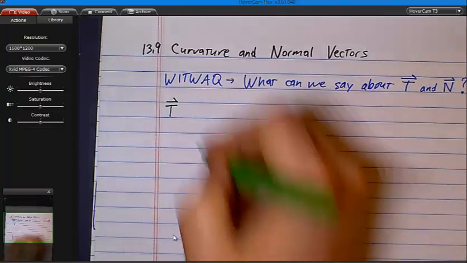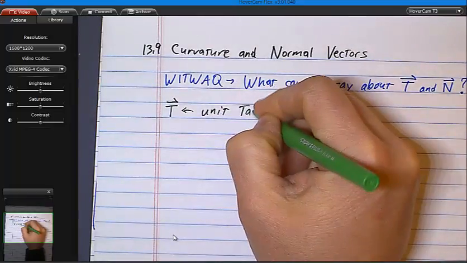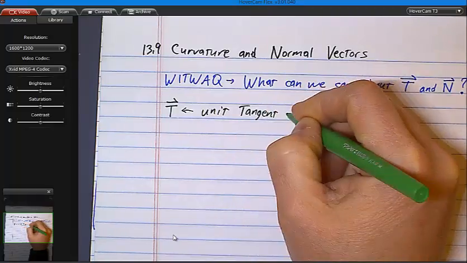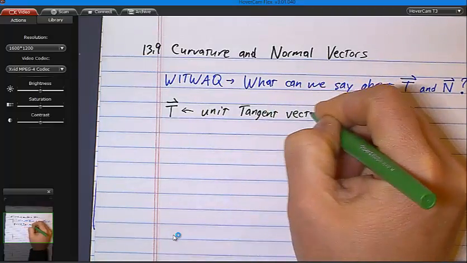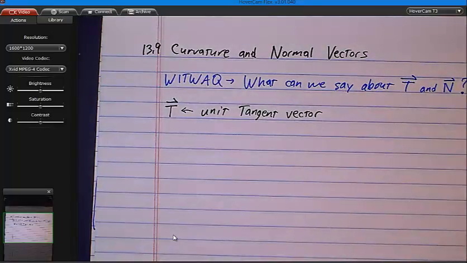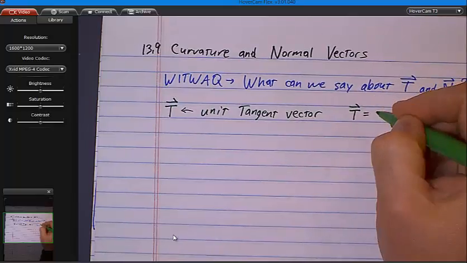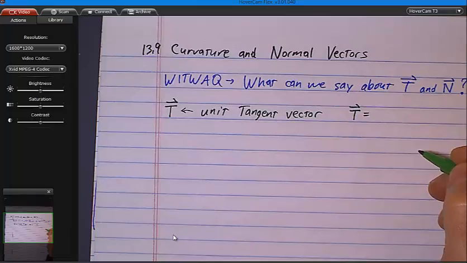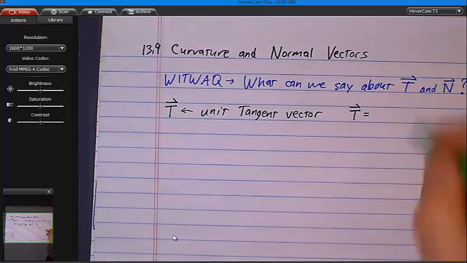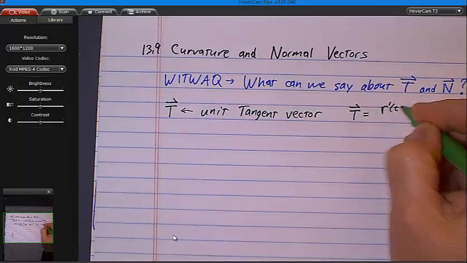Capital T does stand for the unit tangent vector. Why did I say unit? What does that mean? Magnitude 1, right. And the way to get that: if you want a line tangent to a curve or a vector tangent to a curve in Calc 3, what we've been doing is r prime of t.